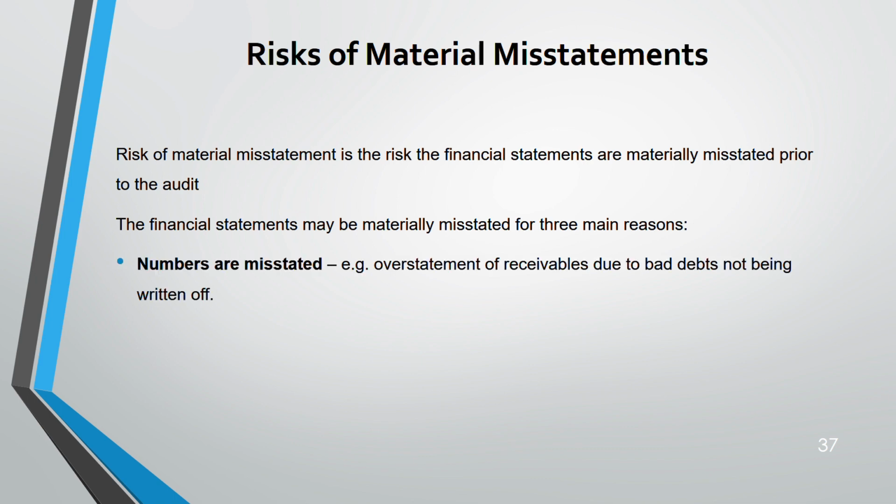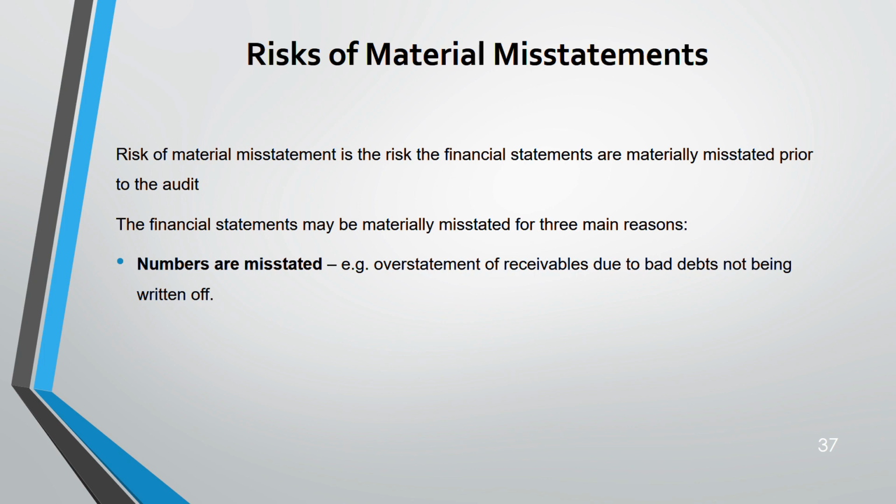Number 1, numbers. There would be overstatement or understatement of those numbers. For example, receivable: overstatement of receivable due to bad debts not being written off. If you're not writing off the bad debt against receivable, your receivable will be overstated. So the financial statement is misstated. Overstatement or understatement means misstated.